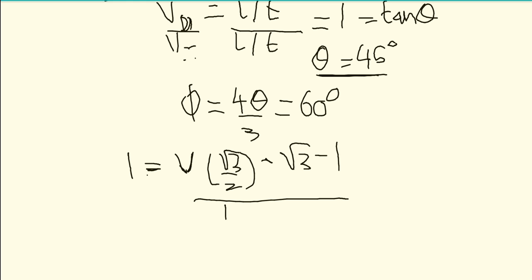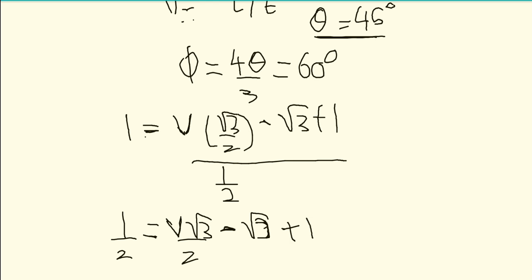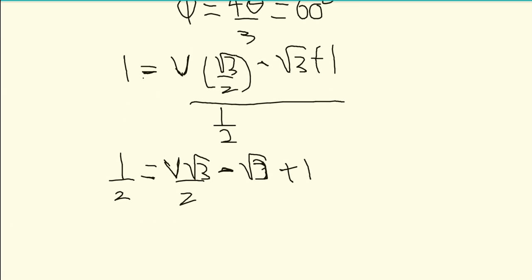So now it will be half equals v into √3 by 2, minus, this will be minus minus, so plus, minus √3 plus 1. So v√3 by 2 minus √3 plus 1 will be equal to half.